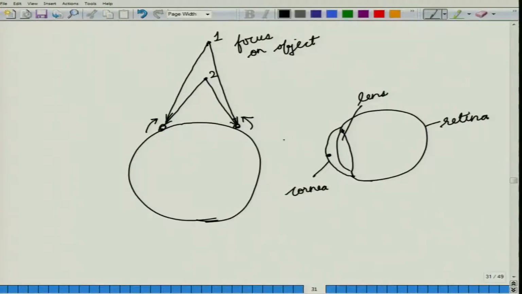So, any light that comes inside the eyes comes through the pupil, then it interacts with the lens and is then focused on the retina.